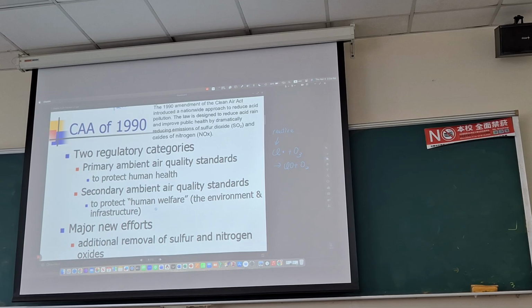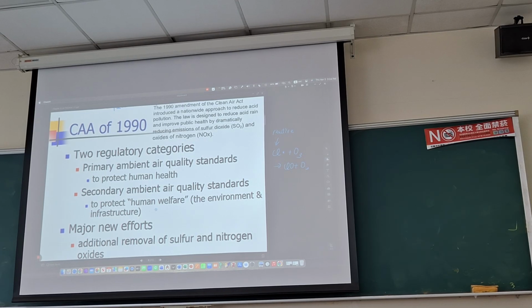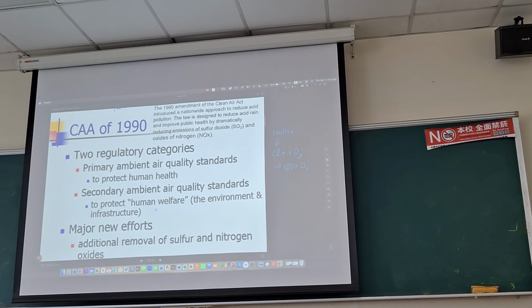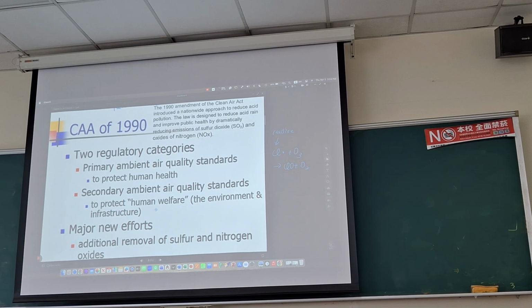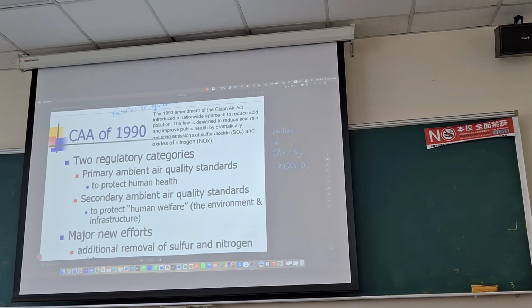Next I would like to talk about this logo. The CAA of 1990. CAA stands for the Clean Air Act.